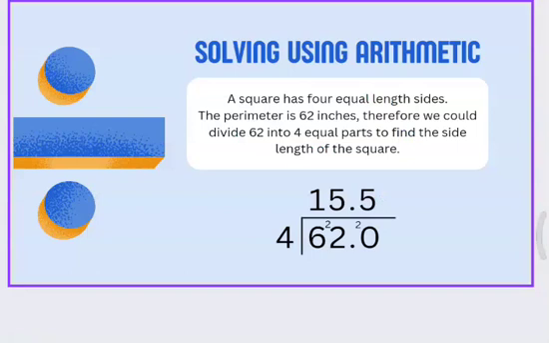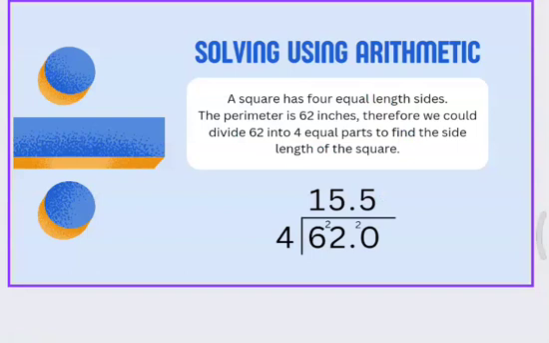Therefore, we could divide 62 into 4 equal parts to find the side length of the square. Now, to divide 62 by 4: 6 divided by 4 goes in one place, with a remainder of 2.